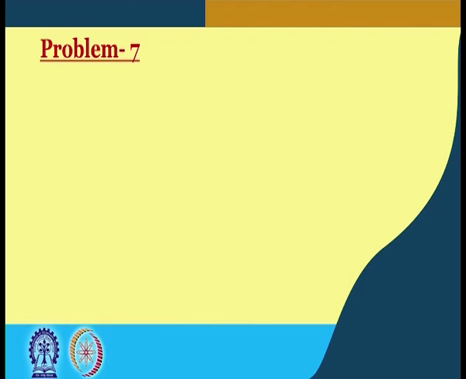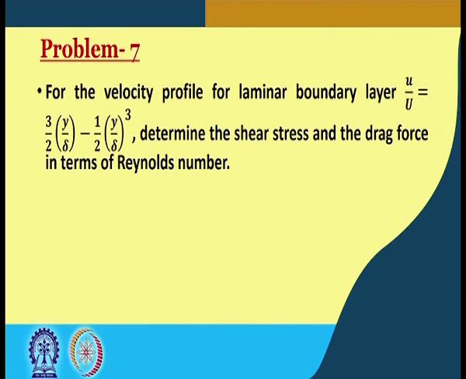Now, we will solve one problem. The problem is: for the velocity profile for laminar boundary layer, u by capital U is equal to 3 by 2 y by delta minus half y by delta to the whole cube. Determine the shear stress and the drag force in terms of Reynolds number. We have done a similar problem, but we will do another one now to make it more clear.